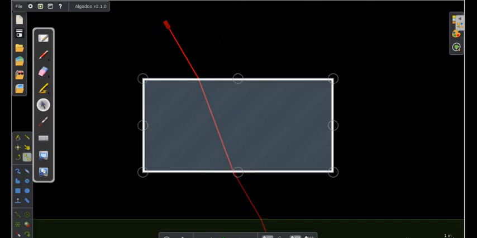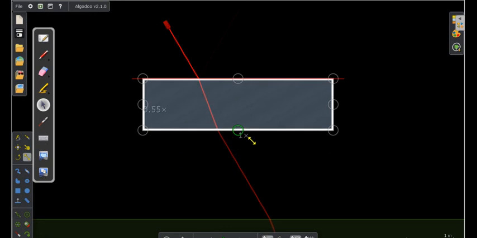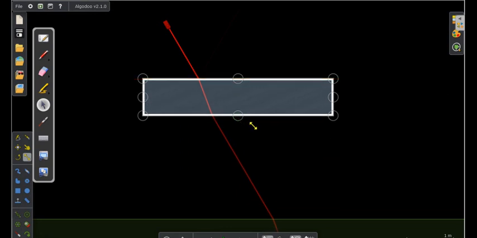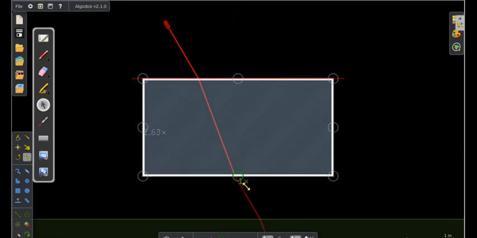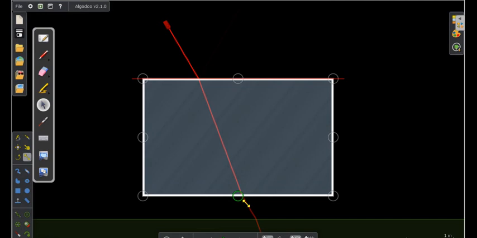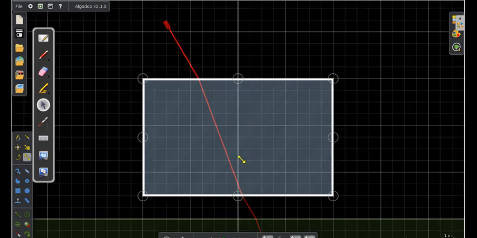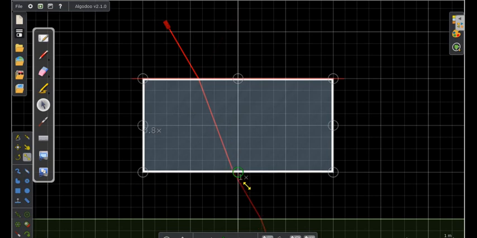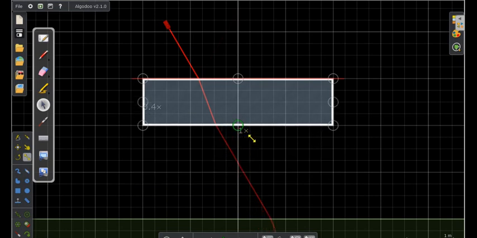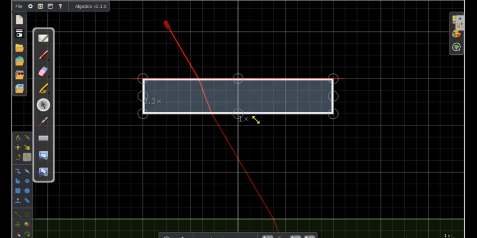If I reduce the thickness, the lateral shift decreases. If I increase it, you see it has increased more. If we reduce it, it is coming towards being parallel, right?